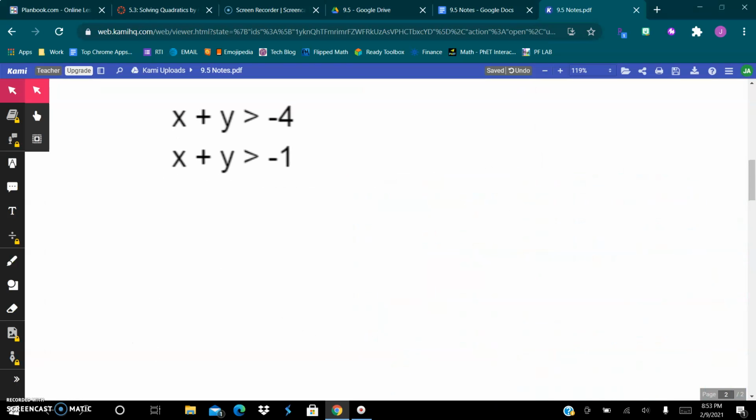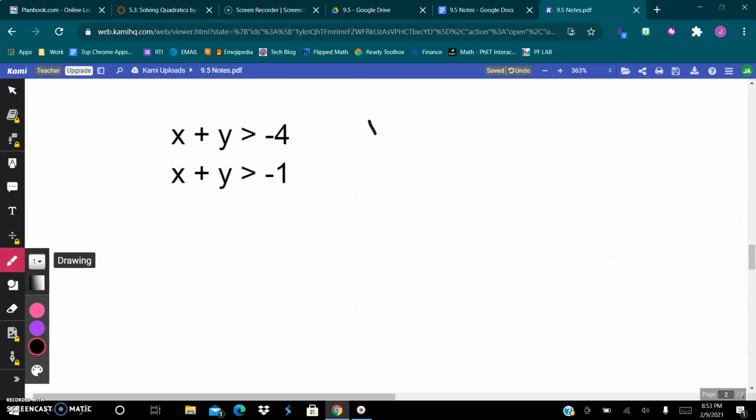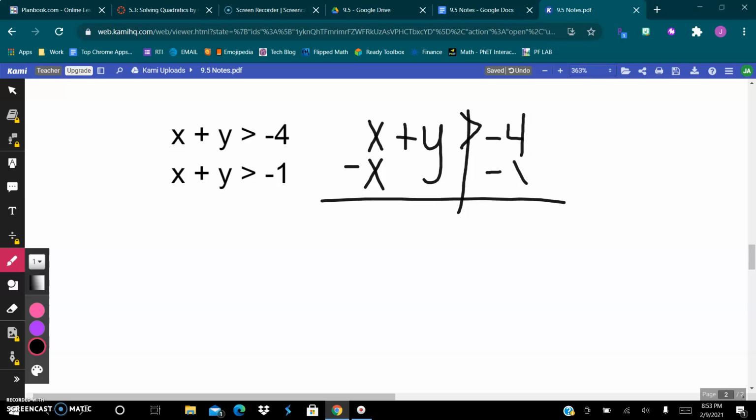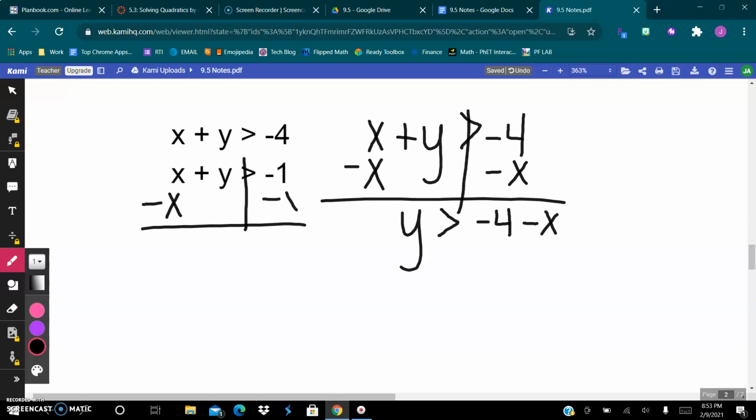And then we have one more here. For the top equation, we're going to have to minus x from both sides, so we have y is greater than -4 minus x. For this one, we're going to minus x as well, so we have y is greater than -1 minus x.